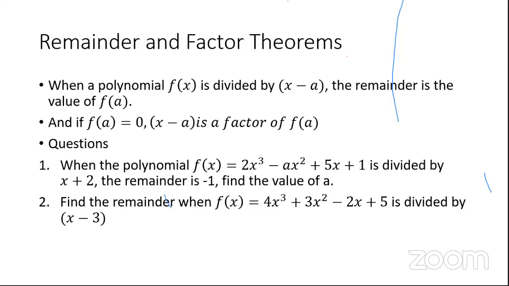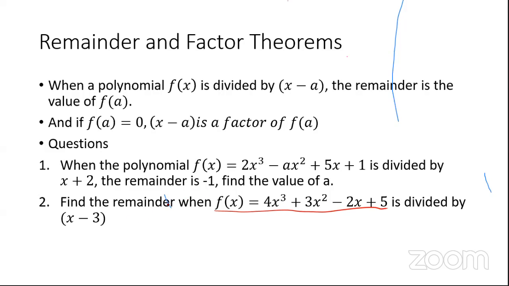They ask to find the remainder when f of x, which is this, is divided by x minus 3. I don't need to go and do the long division method here before I can get the answer, the remainder. Since I'm looking for the remainder, it is only when I need the quotient that I may be rushing to do that long division method.